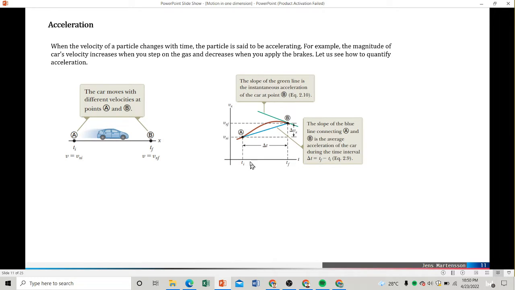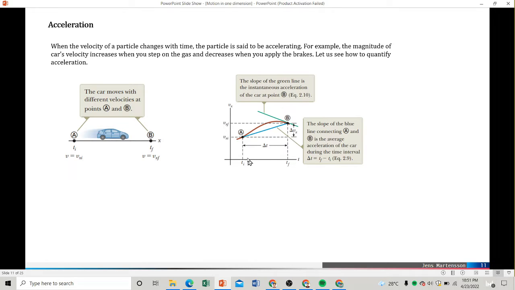Okay, so let us say that this is our curve, created when this car is moving or changing its velocity. The red-brown curve here shows how the velocity varies with time.